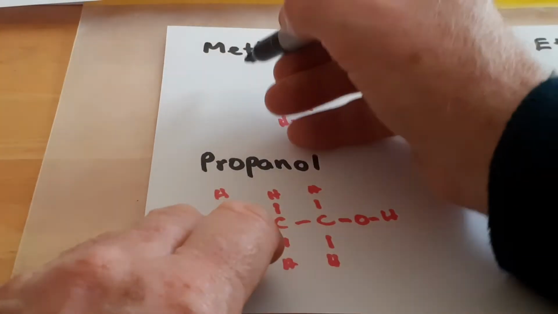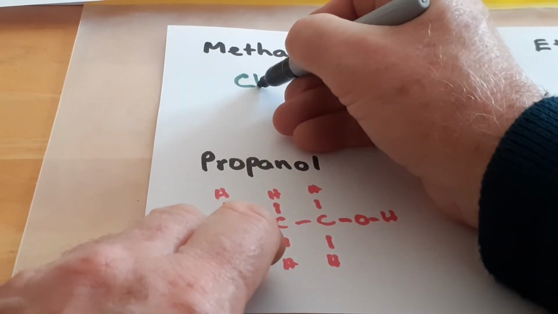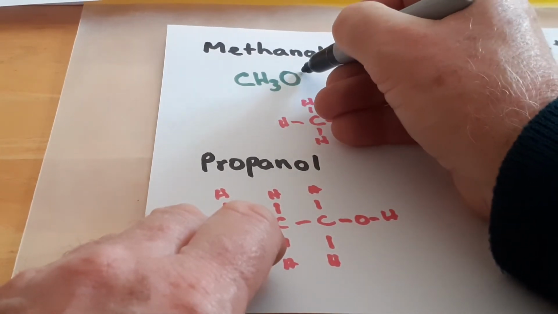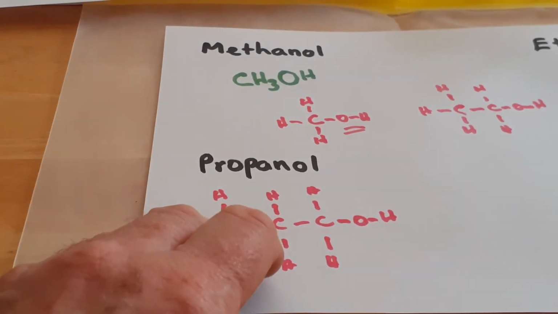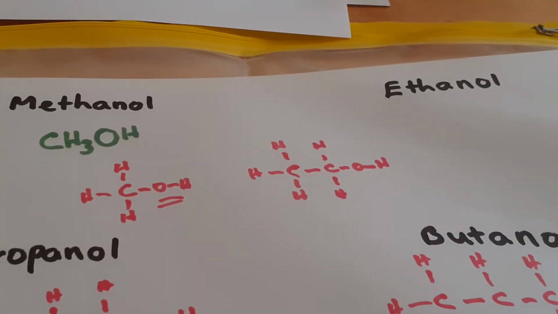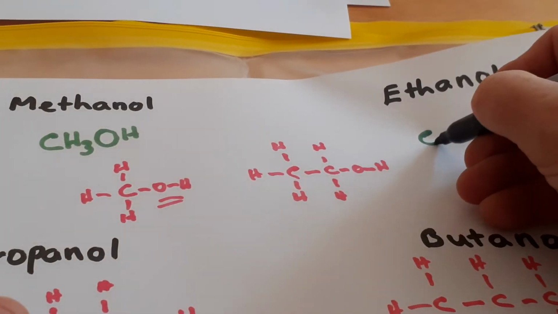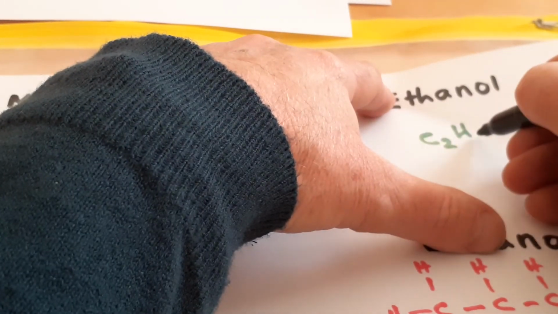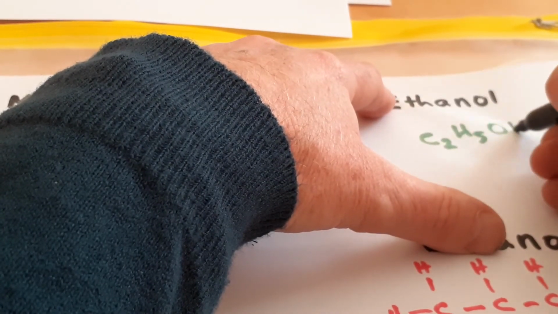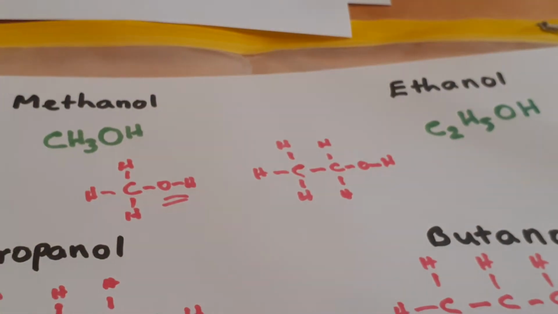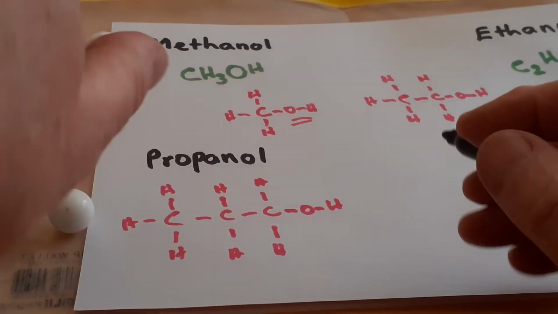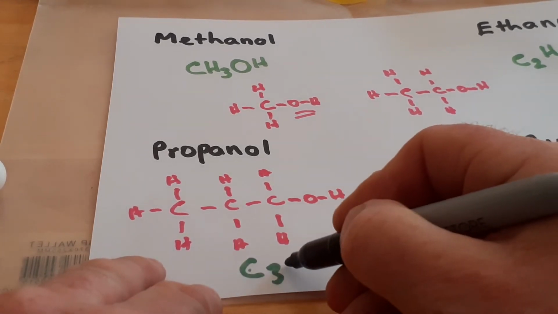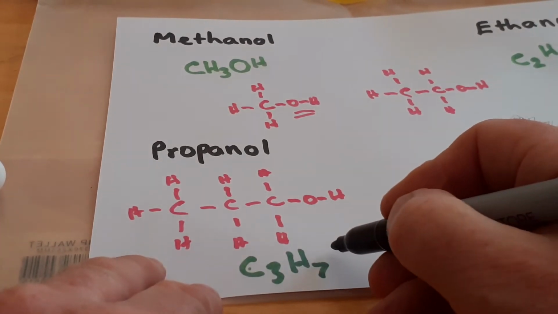Now, how do we write the formula for these? Methanol, we go CH3, and we leave the OH separate because it is the functional group. Ethanol is going to be C2H5OH. Propanol is going to be C3H7OH.